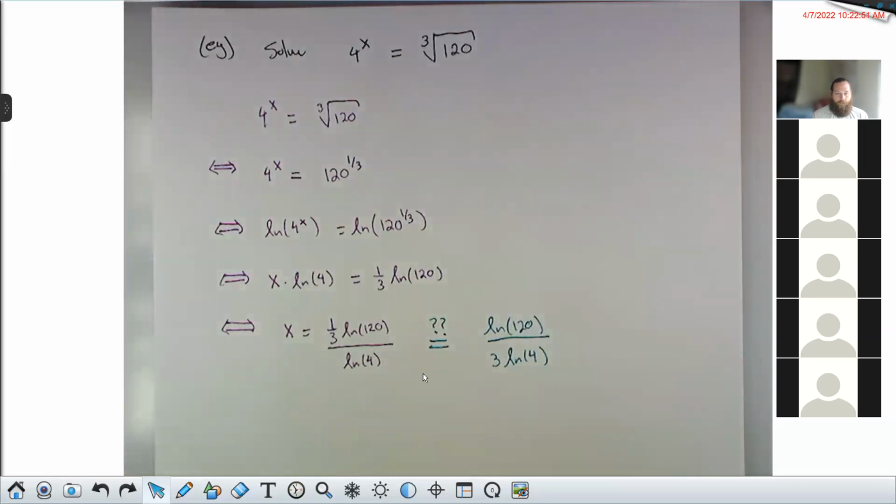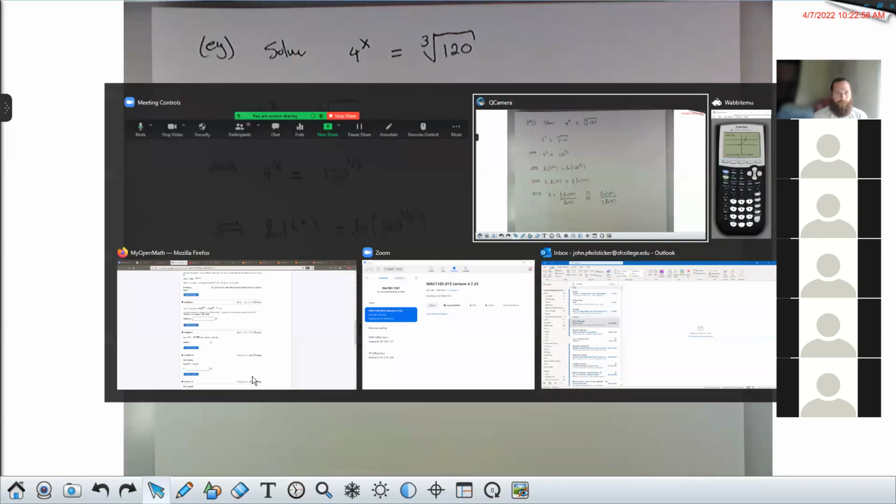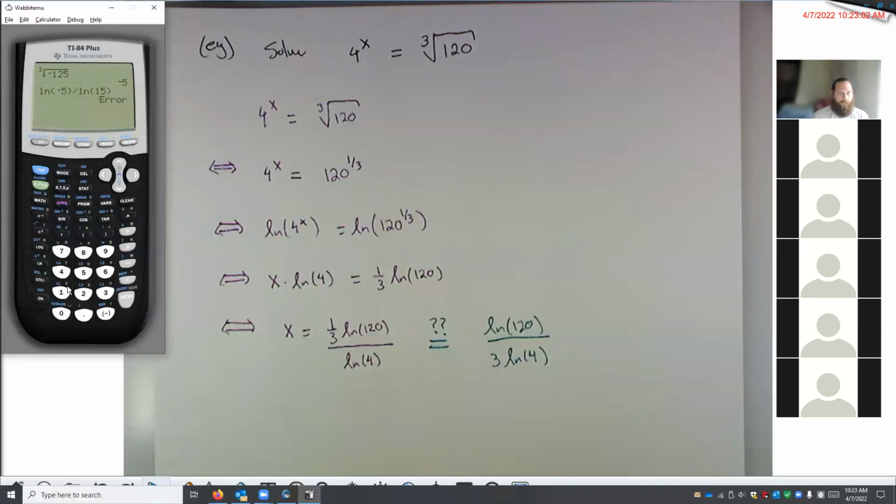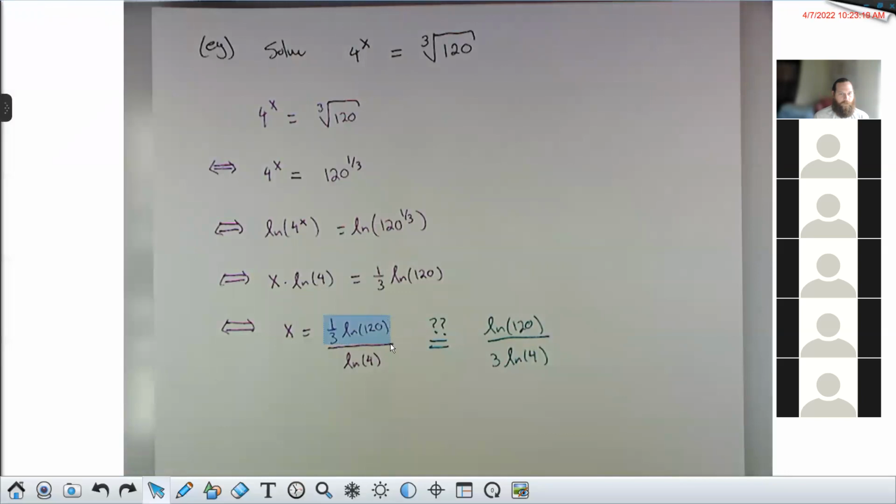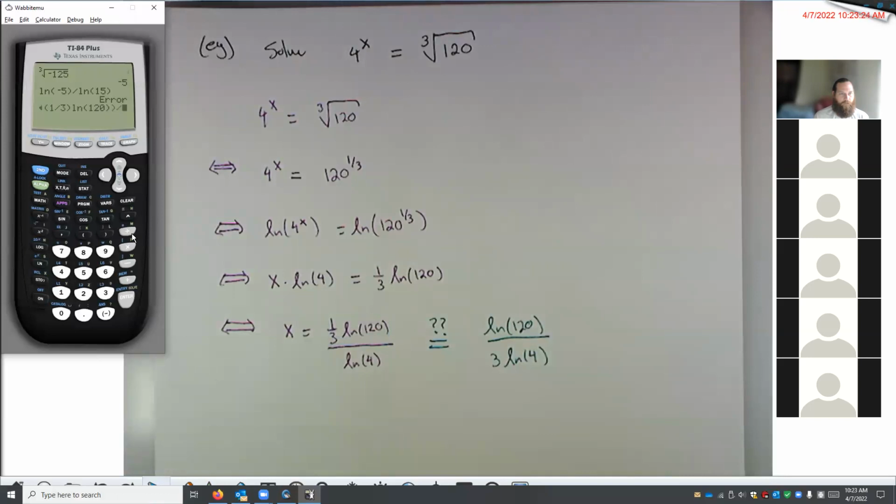It's an interesting question. There's a handful of approaches to this. This is a true statement. Let me first do this the brute force way. Let's write parentheses 1/3, close parentheses, times the natural log of 120, close, close. So there's my whole numerator here, carefully written out in parentheses. And then divide that all by the natural log of 4.